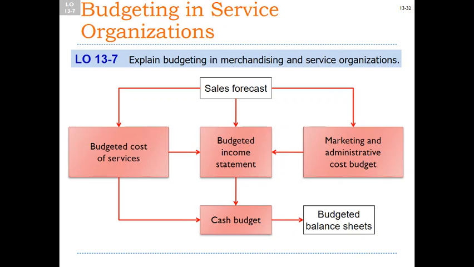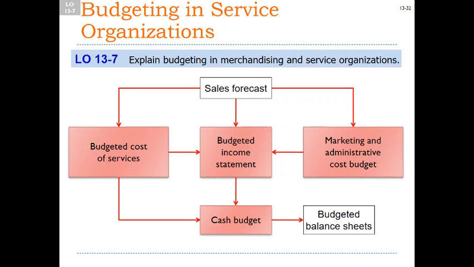Now, in service organizations, you don't have production, you don't have a production of goods. So it's pretty simple, but you do have to budget costs of services, and you could certainly figure out your marketing and administrative costs.